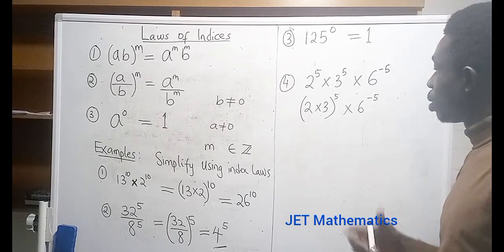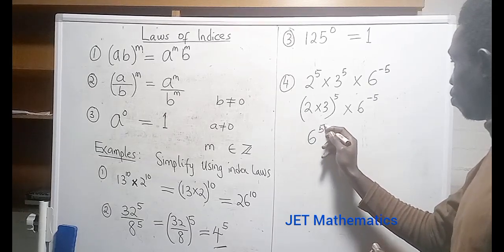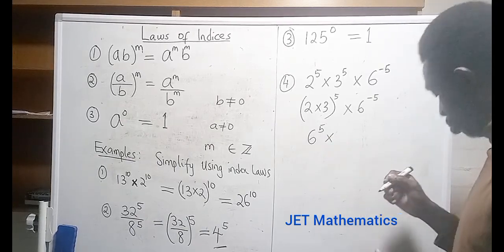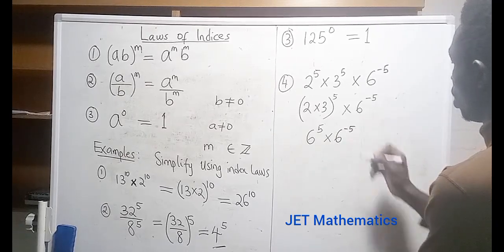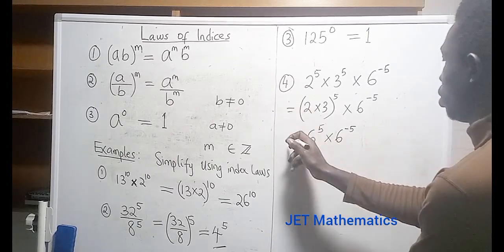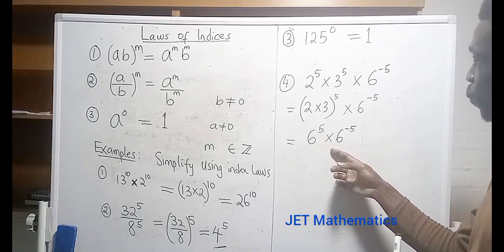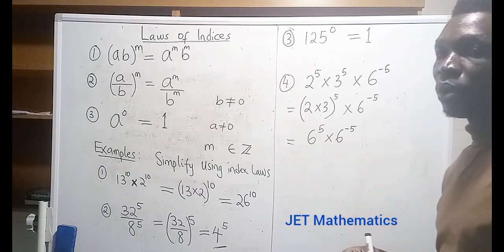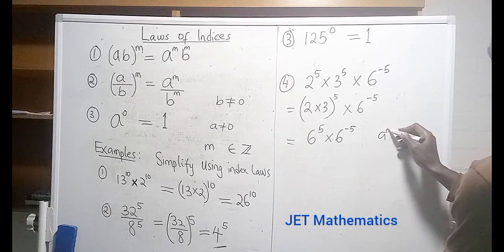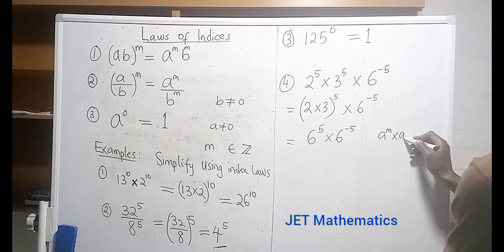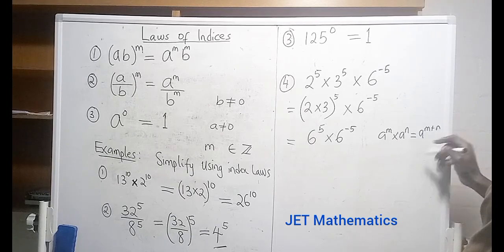Are we good? Alright. So 2 times 3 gives us 6 raised to the power of 5 times 6 again raised to the power of minus 5. Now we'll apply the first law from our previous video on laws of indices, the law that says that a raised to the power of m times a raised to the power of n is equal to a raised to the power of m plus n.